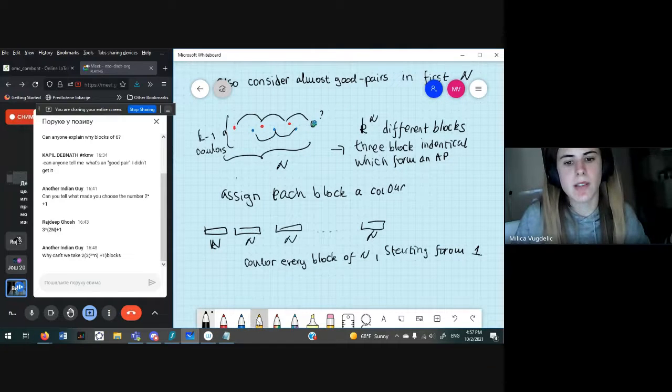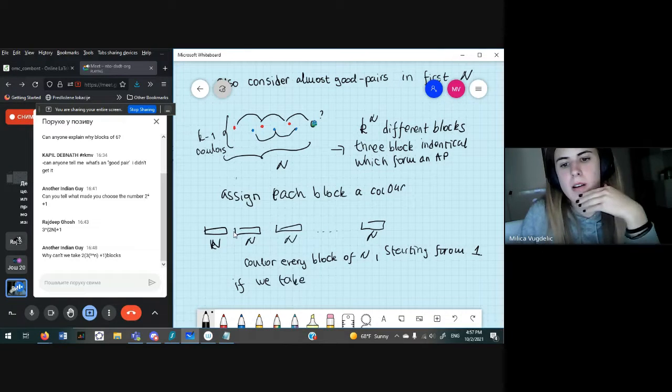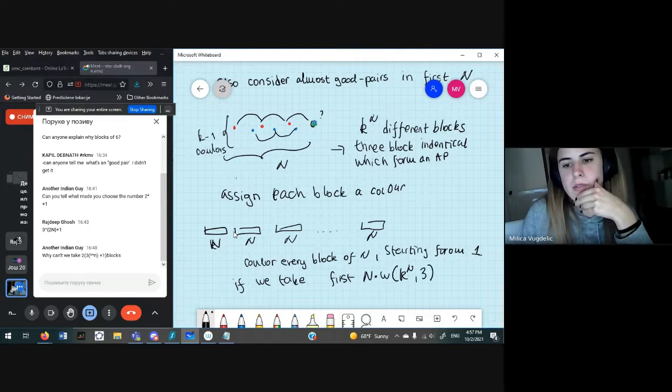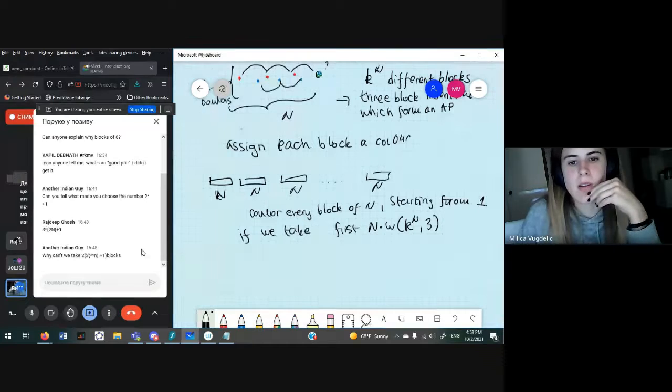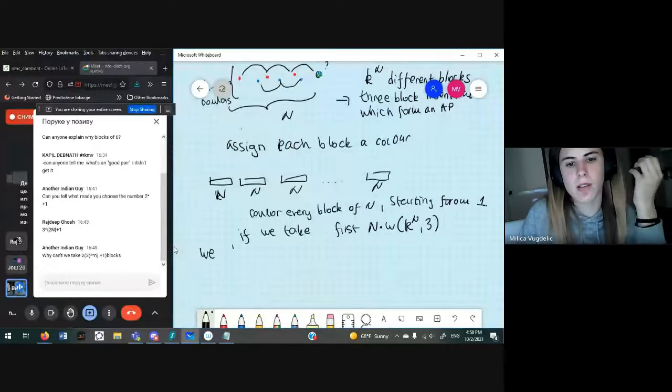What this means is that if we were to take the first n times v number of k to the n colors and 3 long arithmetic progressions, we know that there is a block which is an AP.